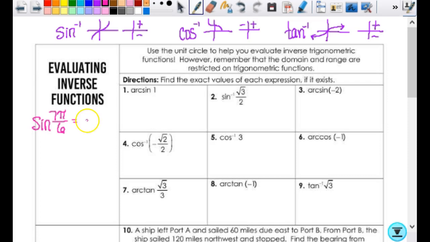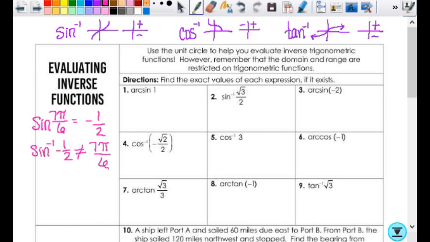Negative, because we're in the third quadrant, right? So it's negative 1/2. Do we all agree with that? Okay. So, arcsine or sine inverse of negative 1/2 does not equal 7 pi sixths.